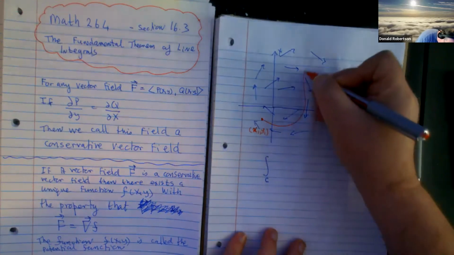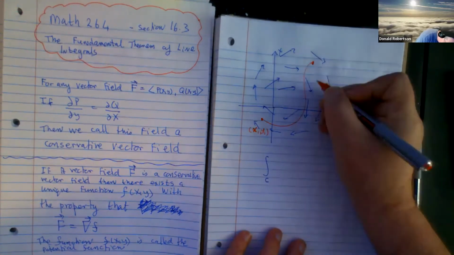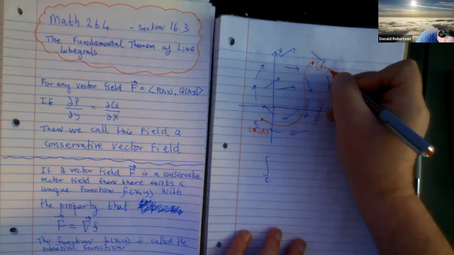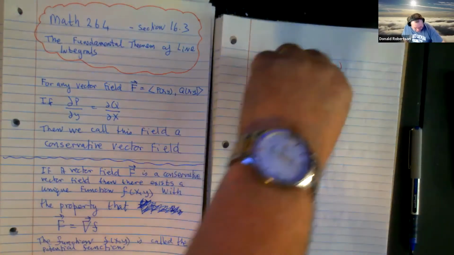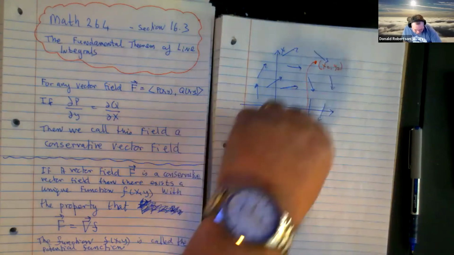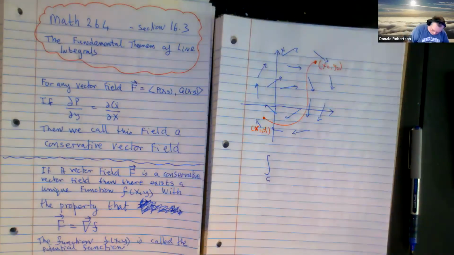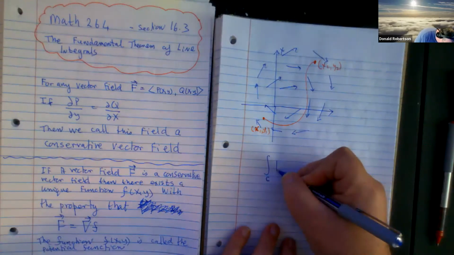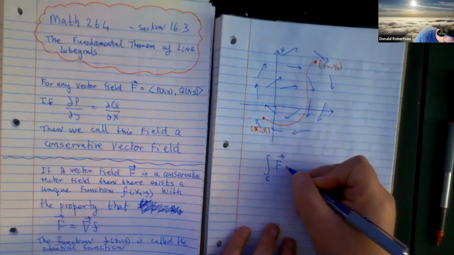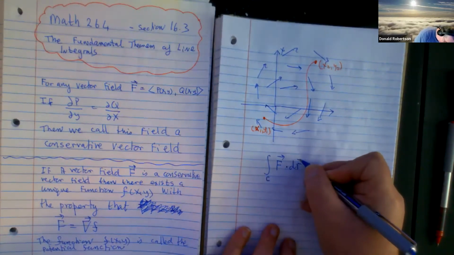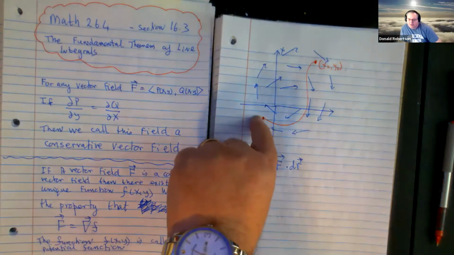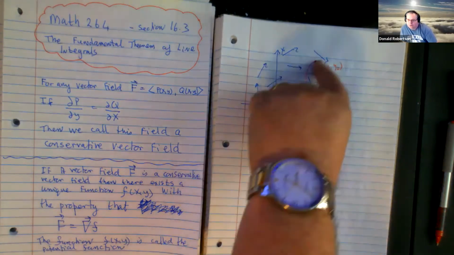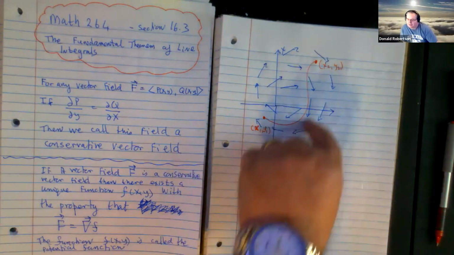And it curves all the way up to here, and that's going to be x2, y2. So my curve C is this red curve from x1, y1 to the point x2, y2. And I want to find that line integral, probably because I want to know how much work is done by this little aircraft flying through this storm, from here to here, right?